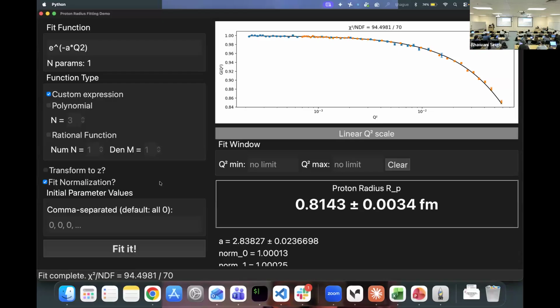Anything else that anybody wants to try before I start just talking about what other people have done? What about like 1 over x or something like that? 1 over q squared. Yeah. We should have a fit parameter there, so it should be like a over q squared. Yeah, whichever.